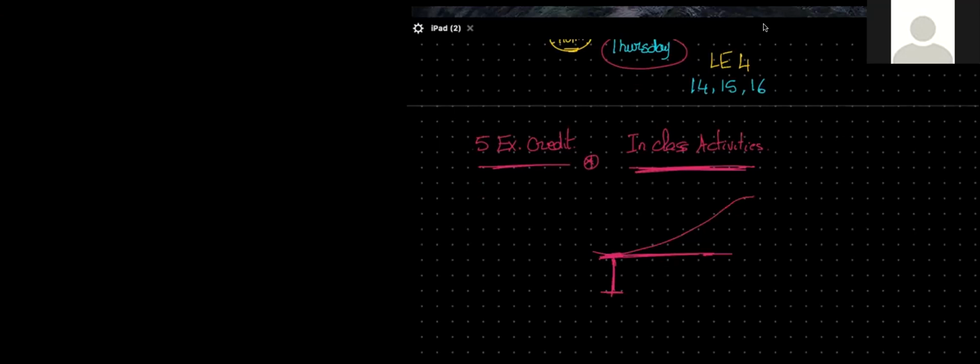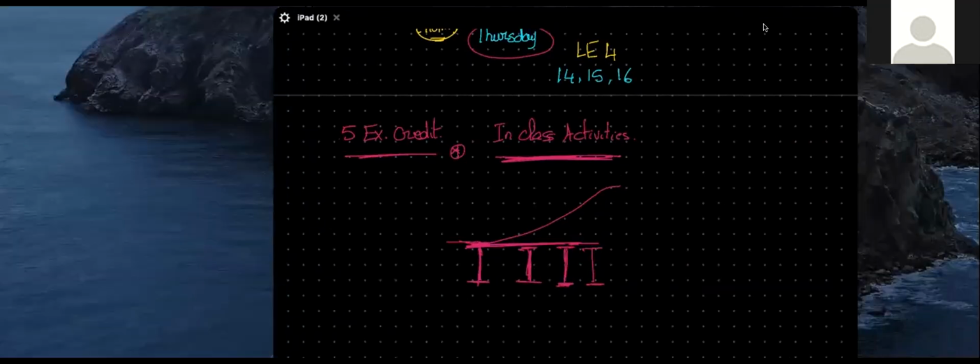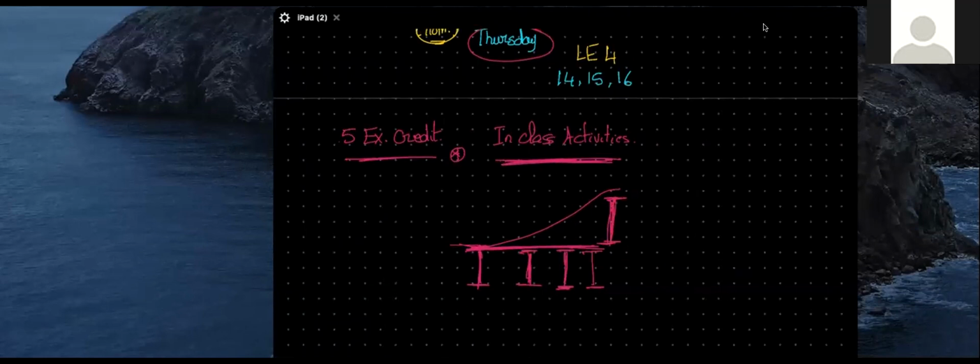I need to collect all the in-class activities from everybody, and I will be comparing all of the work provided by each of you, and I will be taking the average, and this is going to be the minimum. So if you are above the average, all those are going to be extra points that will be added to your grade.